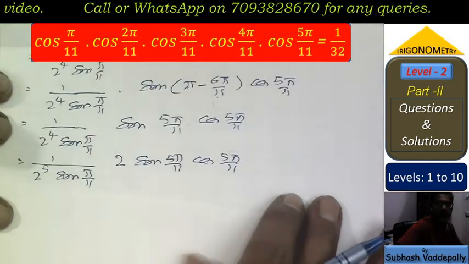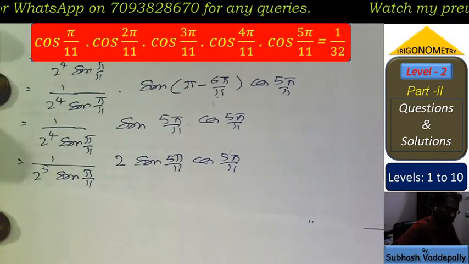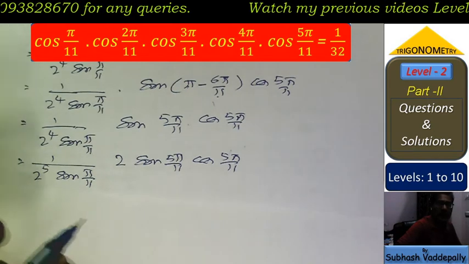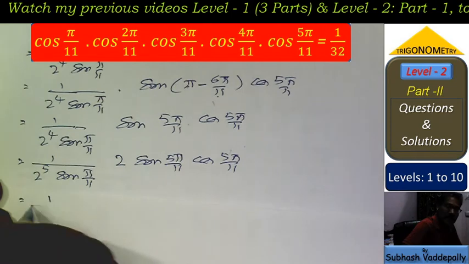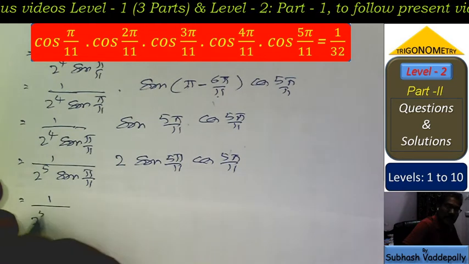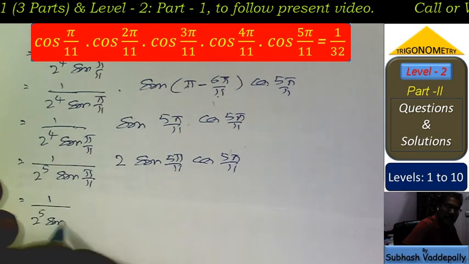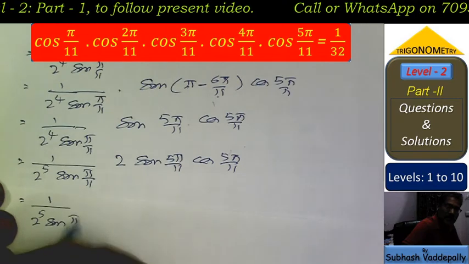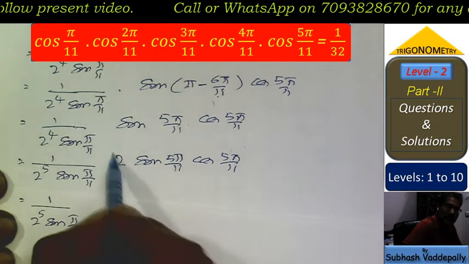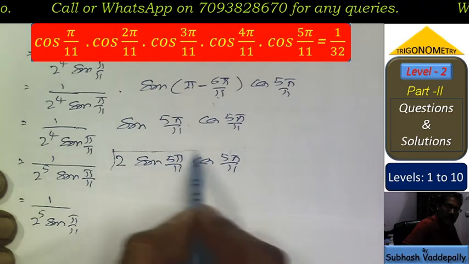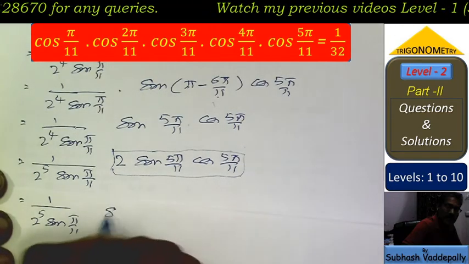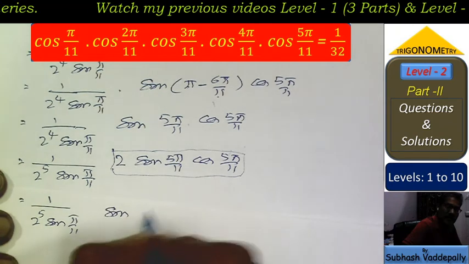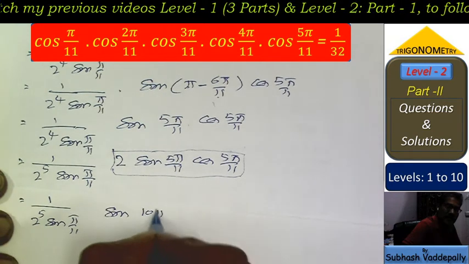Okay, we continue. Here this is 1 divided by 2 power 5 sine pi by 11, and this has become a formula like 2 sine a cos a. So this we can write as sine 2a, that is sine 2 into 5 pi by 11, it is 10 pi by 11.